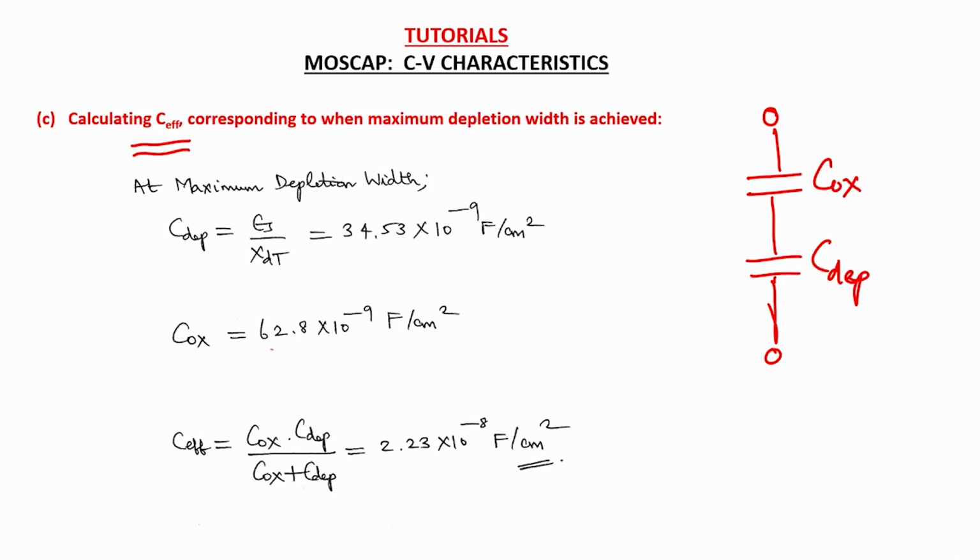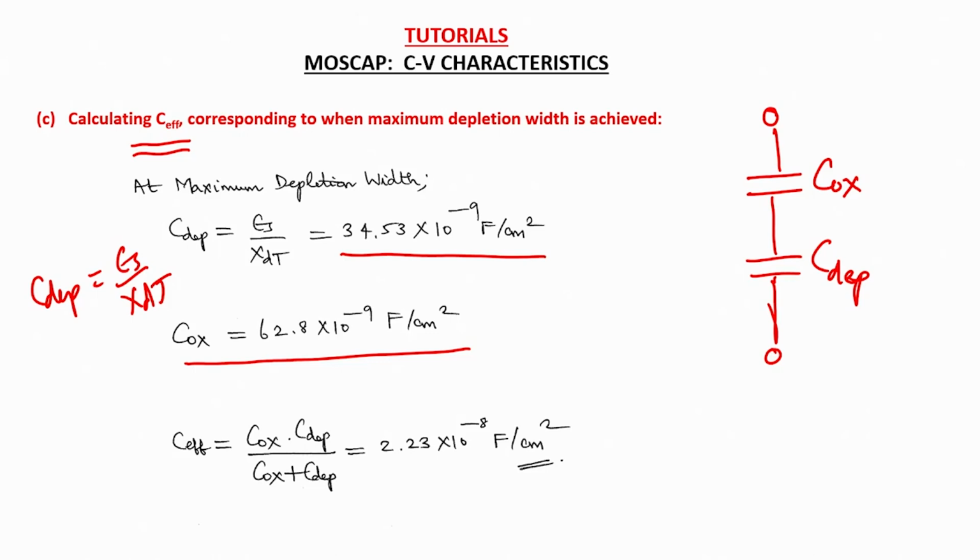We already know the unit area capacitance Cox, calculated in the earlier section of this problem, and we need to calculate C depletion now. C depletion is epsilon s, corresponding to when maximum depletion width is achieved, over x dt. So when you plug in values, you can find that this is 34.53 into 10 power minus 9 farads per centimeter square.